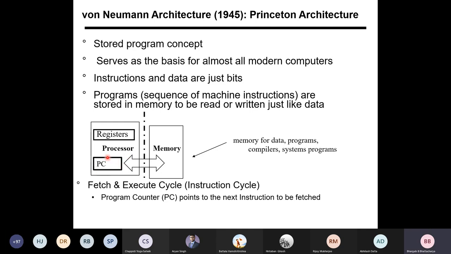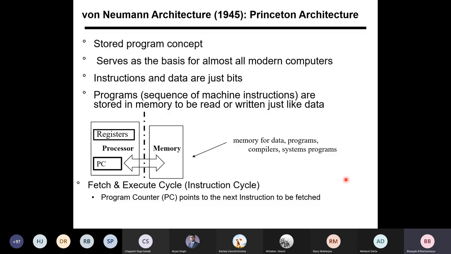So PC is a program counter, essentially a register. This register holds the address of the memory location where the next instruction is stored. So initially it stores the first instruction of your program segment. Any question here?